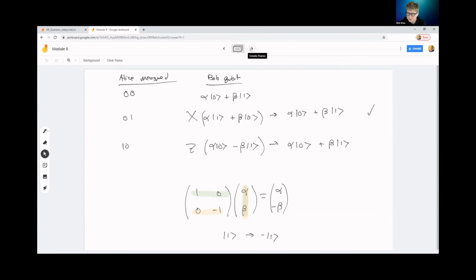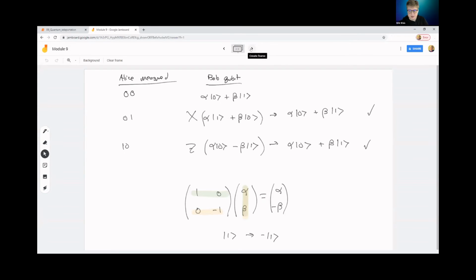You see how that works? Essentially what the Z does is flip the negative sign, which is exactly what we're going for. Should I go through that one more time? All right. Well, we've got our correct state.